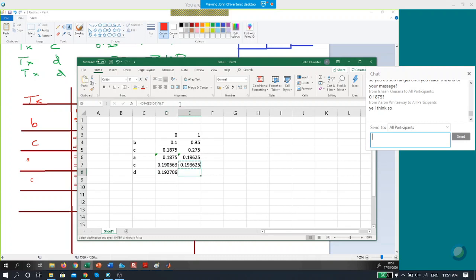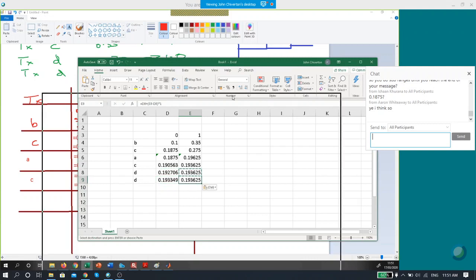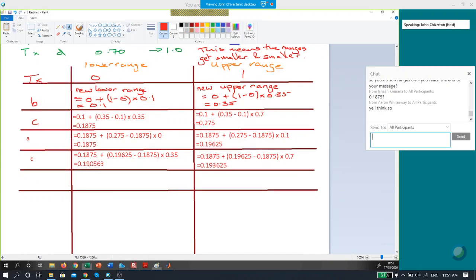And then this one is a 1. And the 1 means that it stays the same because it's right at the top. And then we could repeat that, couldn't we? So let's do the same. There we go. So those are the N2 values.